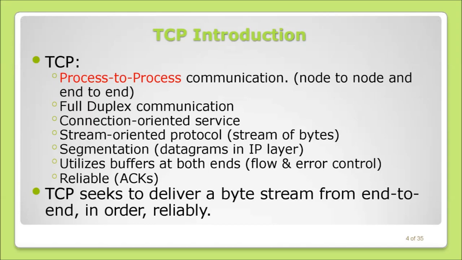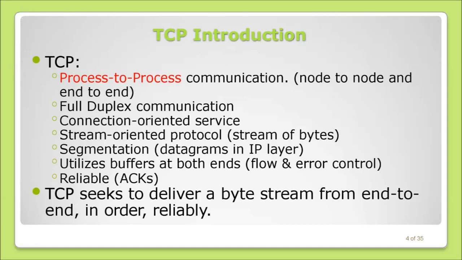Dear students, whenever we open any application like Microsoft Word, Microsoft PowerPoint, Microsoft Excel, VLC player or any other application, on the backend a process is created. When data is transmitted from one process to another process, from one application to another application, then the TCP protocol is used for reliable data transmission.